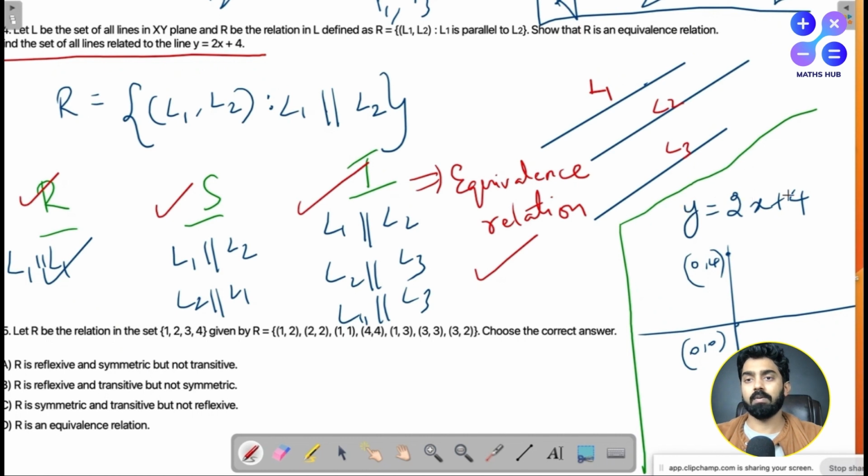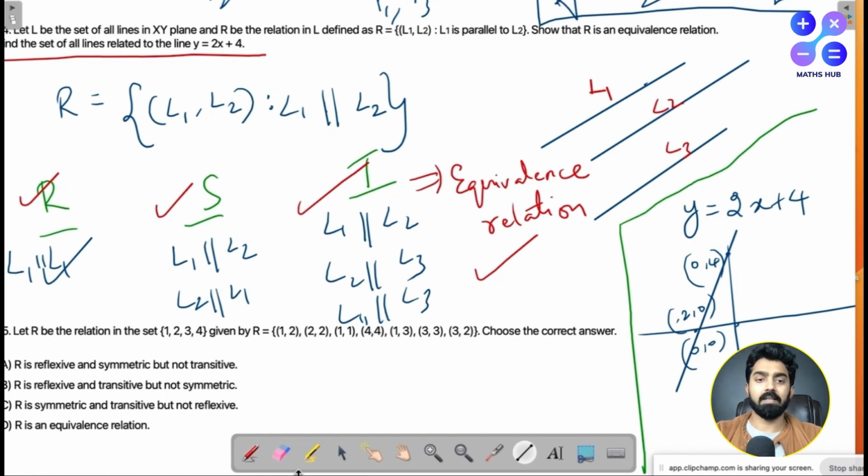So this is (minus 2, 0). The line moves like this. Y equals 2x plus 4 would be something like this, right?